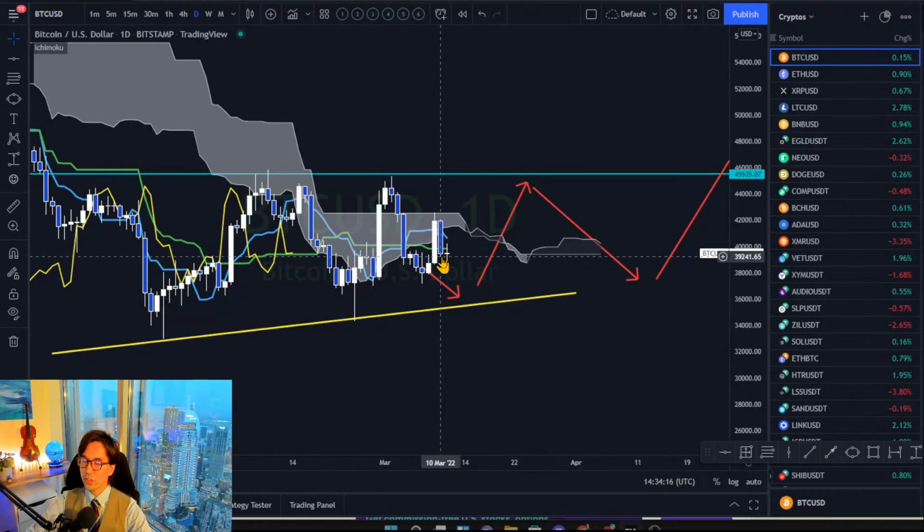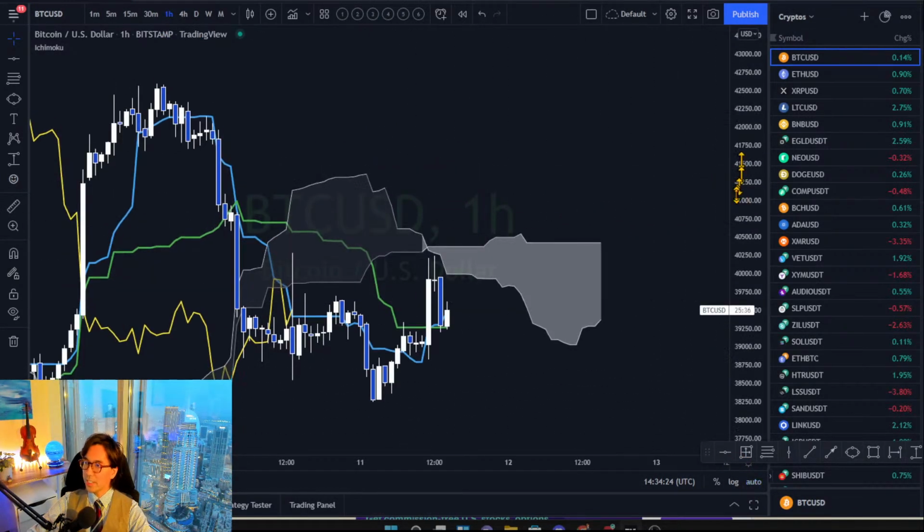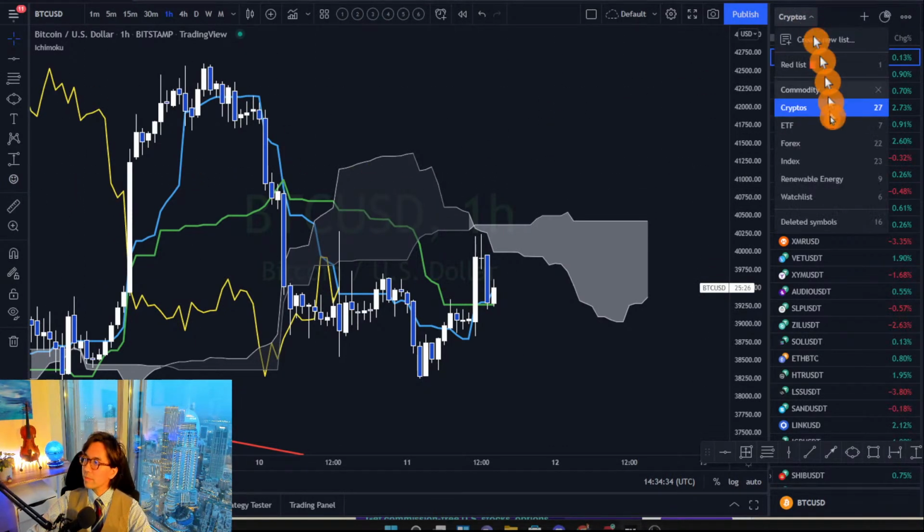It's range basically. In 1 hour, it's also range. Yeah, the market is ranging right now, so no direction and no trade.